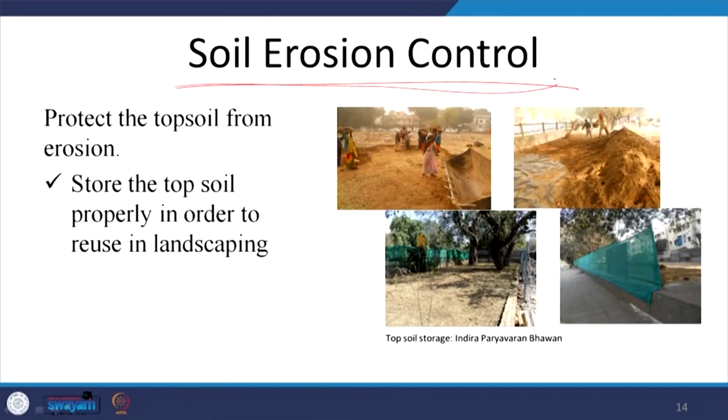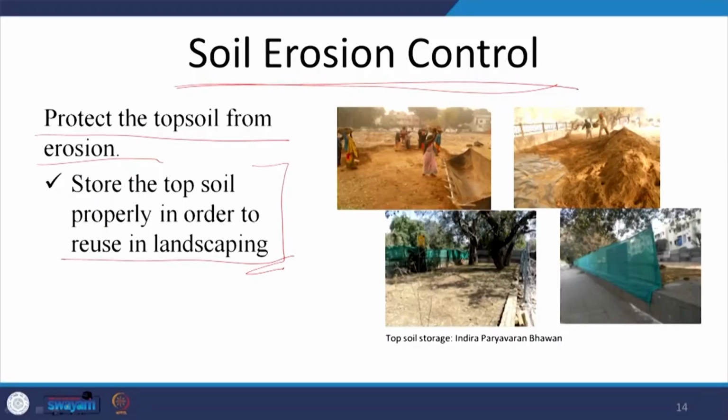There are multiple strategies and practices when we are talking about soil erosion. The first and foremost is protecting the topsoil from erosion. Topsoil is the most fertile soil, all of us know that. That is also the soil which is most neglected and abused, misused during building constructions.